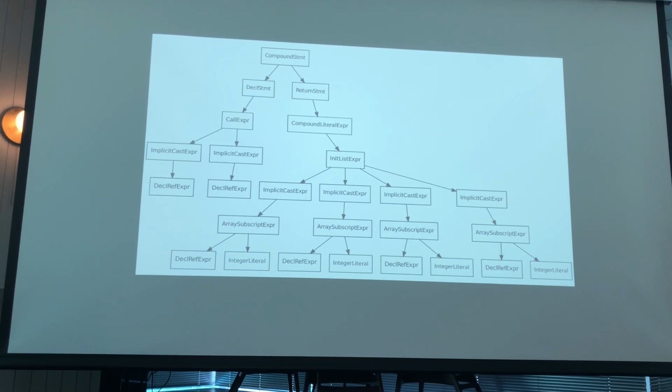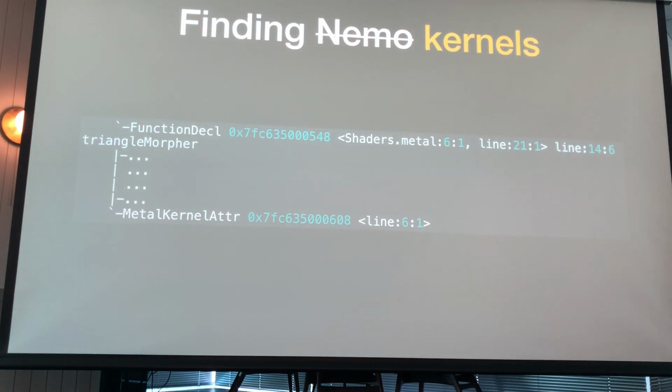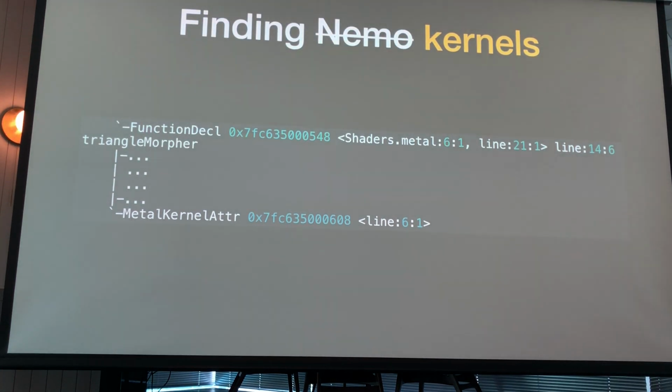The last thing was that I had to find the kernels inside those ASTs and then extract the argument info to use for generation. So I first looked manually, by eye, for a pattern of how arguments are represented in the ASTs, and found out that kernels in Metal shaders are regular function declarations, but among their children in the tree they have a node called Metal kernel attribute, without any parameters.